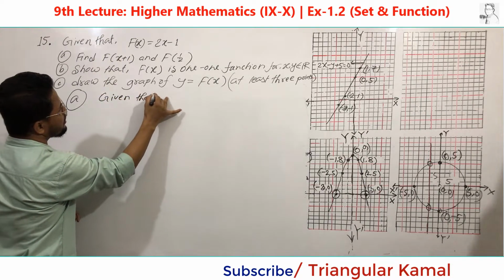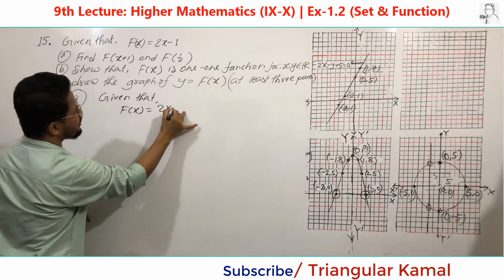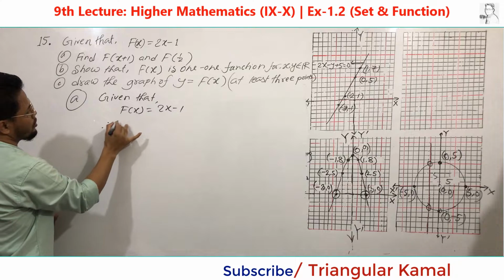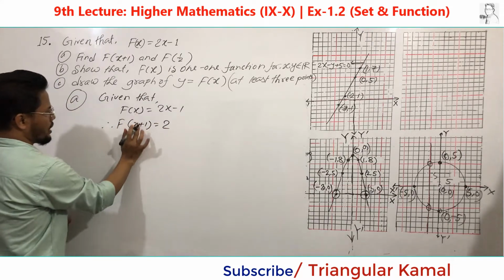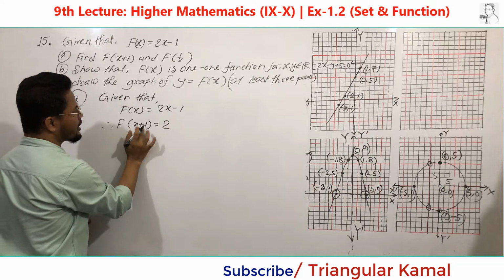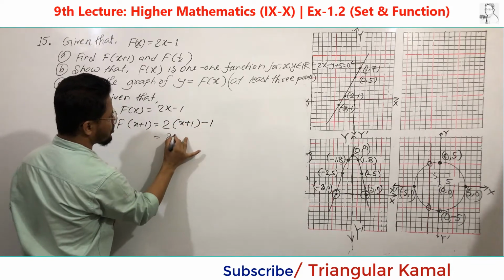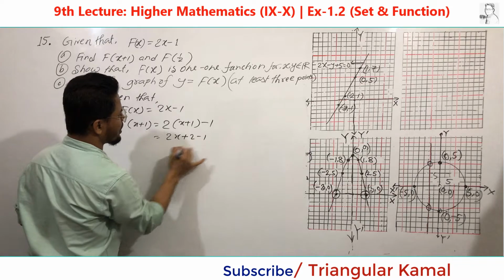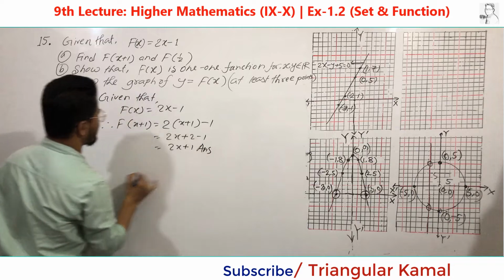Given that it's a simple question, f of x equals twice x minus 1. So f of x plus 1 will be 2 times, where x is changed by x plus 1: twice x plus 1 minus 1, twice x plus 2 minus 1, twice x plus 1, which is our answer.